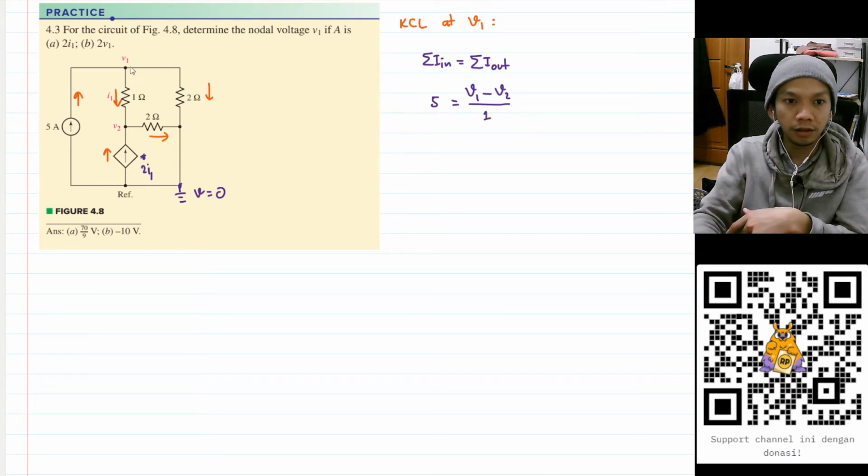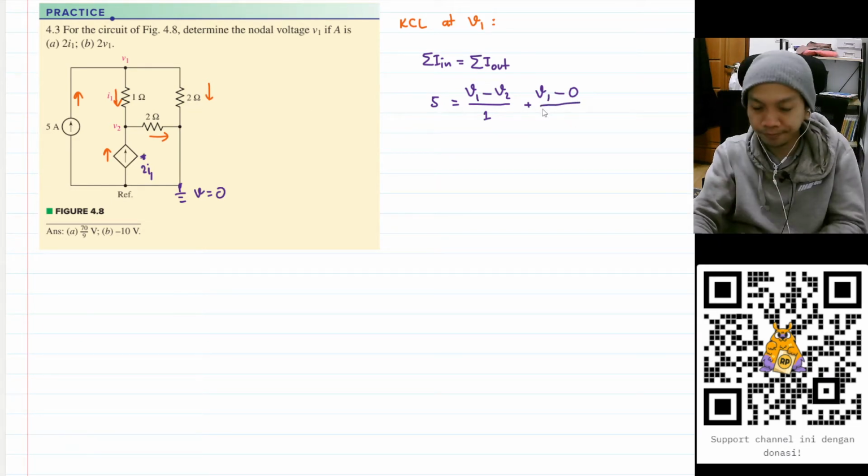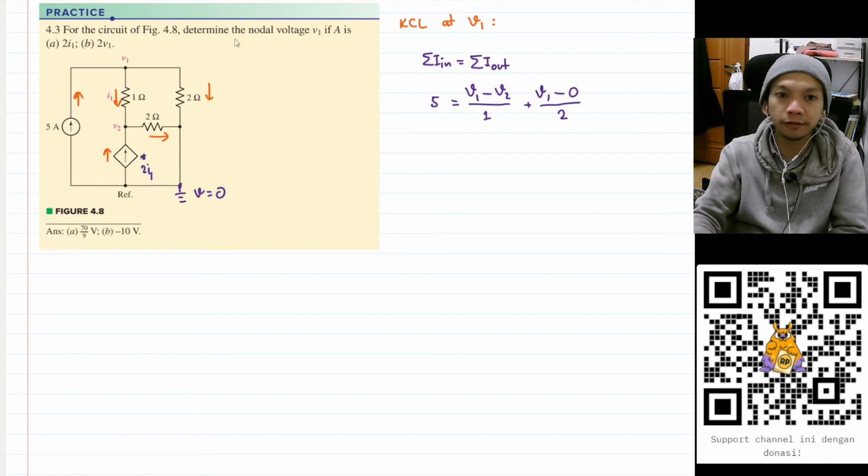And then this current here is going out, so I'll have plus V1, and the node here is connected to the ground, so this node is 0. So minus 0, divided by the resistance between them, 2 ohm.